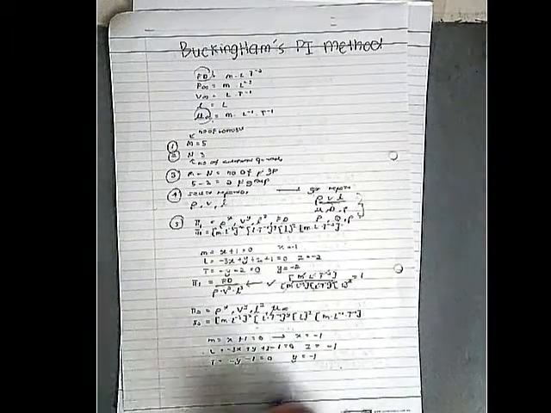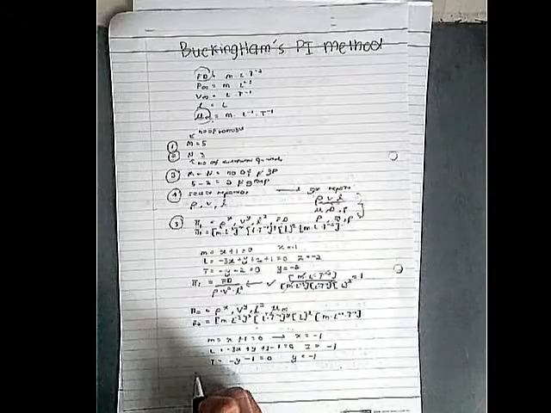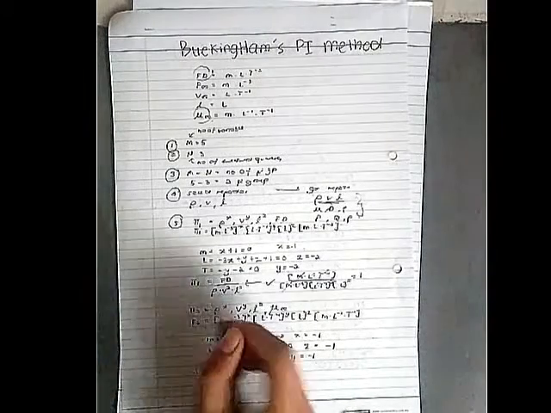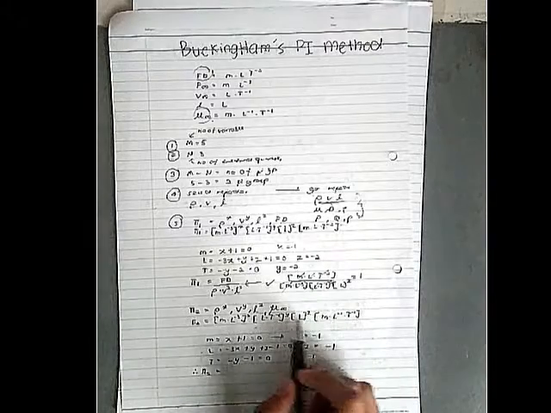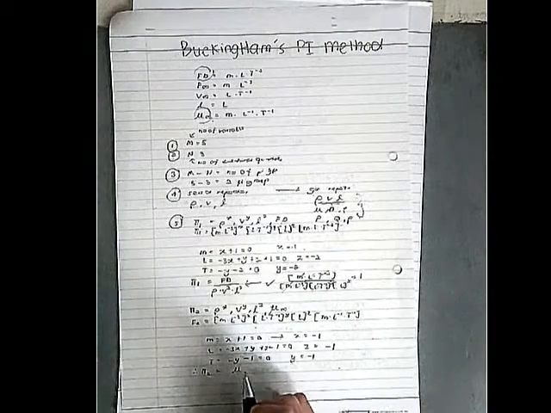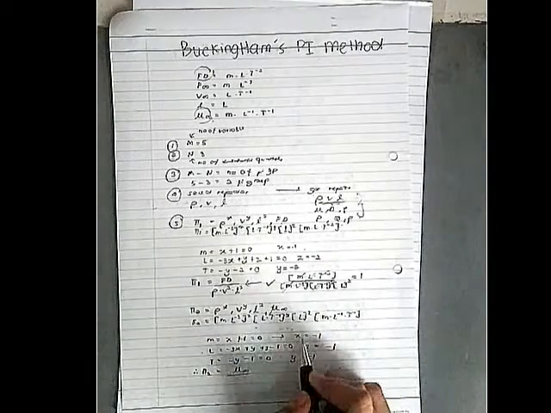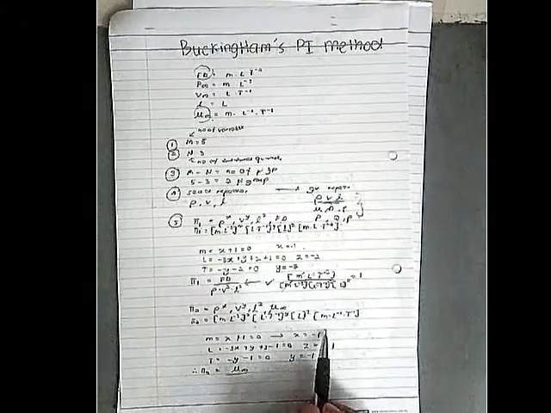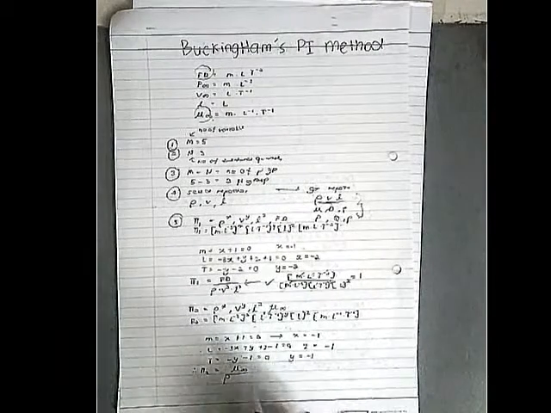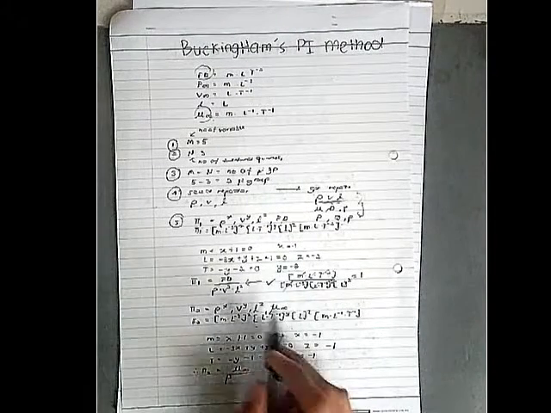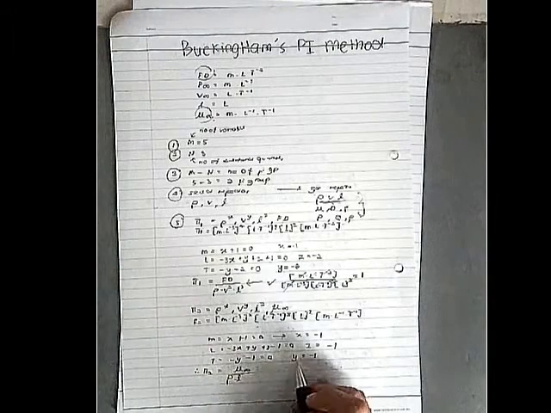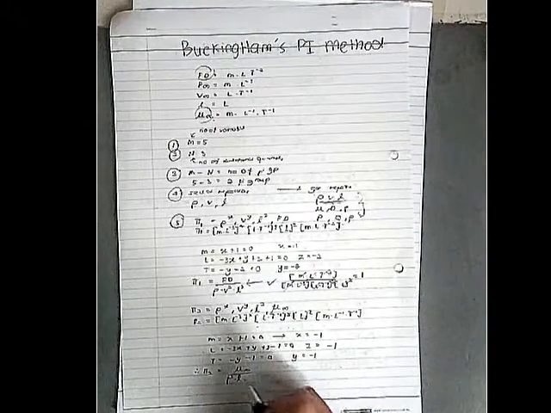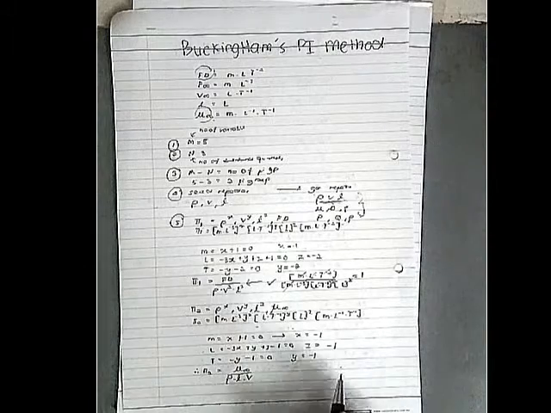Then from here we know pi 2 is viscosity, and for x it is density with power of negative 1, so just put density, z is length, so just put length here, and y is velocity, so you just put velocity here.